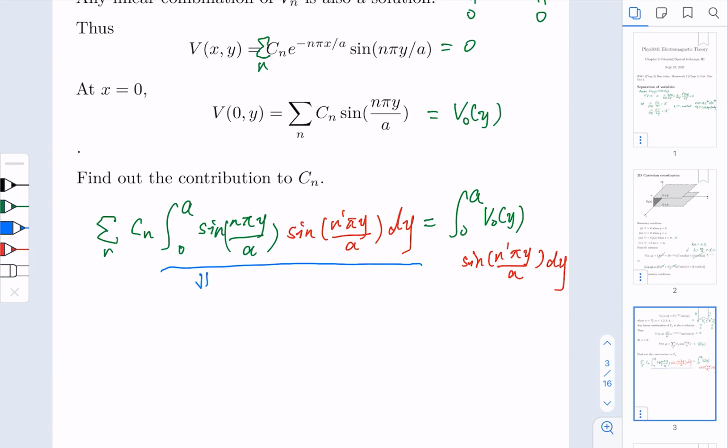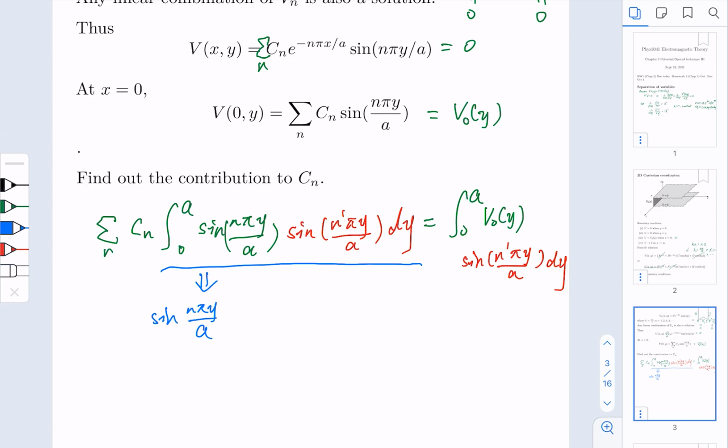This expression is special in the sense that the sine n pi y over a is the Fourier sine series. And if you look at the video in homework 1, you may realize that this is related to the Fourier analysis, and it simply maps from the positional domain to the frequency domain.